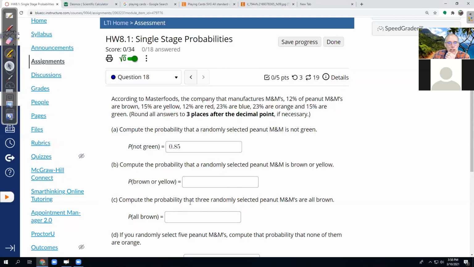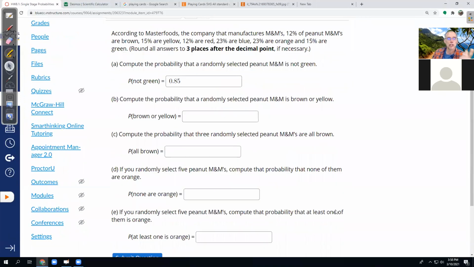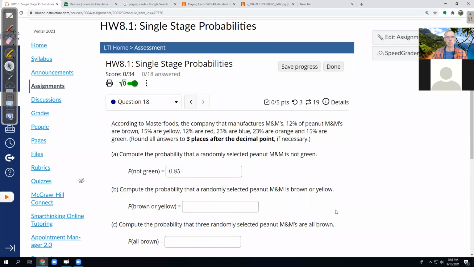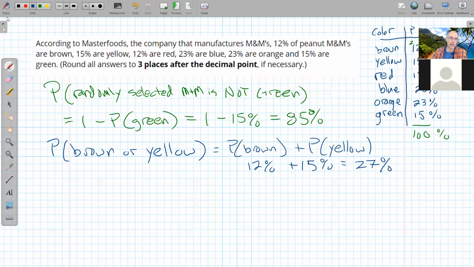Compute the probability that 3 randomly selected peanut butter M&Ms are all brown. Now, here we don't have how many M&Ms there were to start, so we're assuming there's infinitely many M&Ms to start with, because we don't have a total number of M&Ms in a bag, for example. So in that case, I have to assume that they're independent.